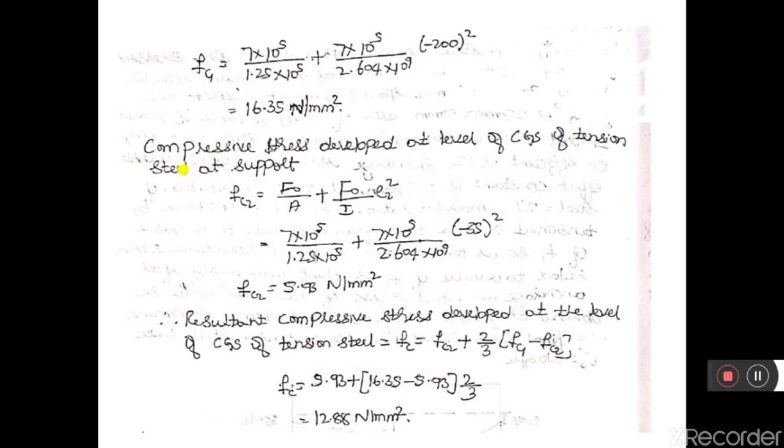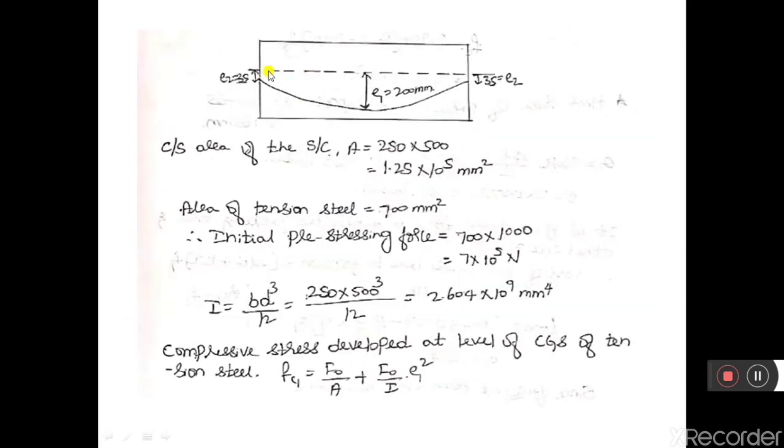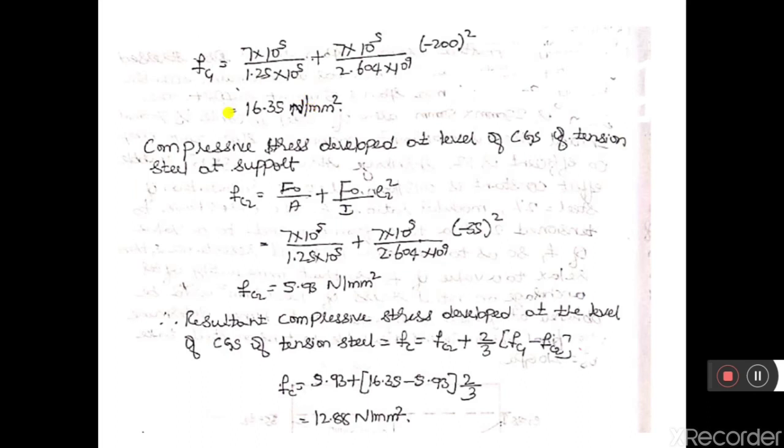And the compressive stress developed in the concrete at the level of CG of tension steel at the support: at the support we have a different eccentricity, 35 mm. Due to this 35 mm eccentricity, compressive stress will be developed in the member. Let us consider it as Fc2.